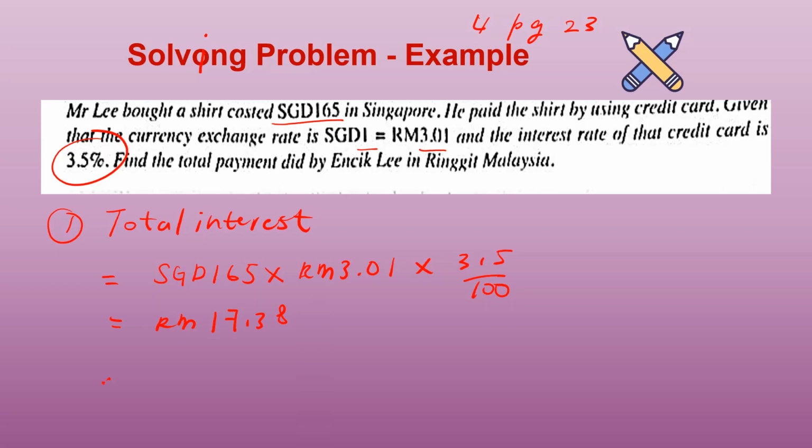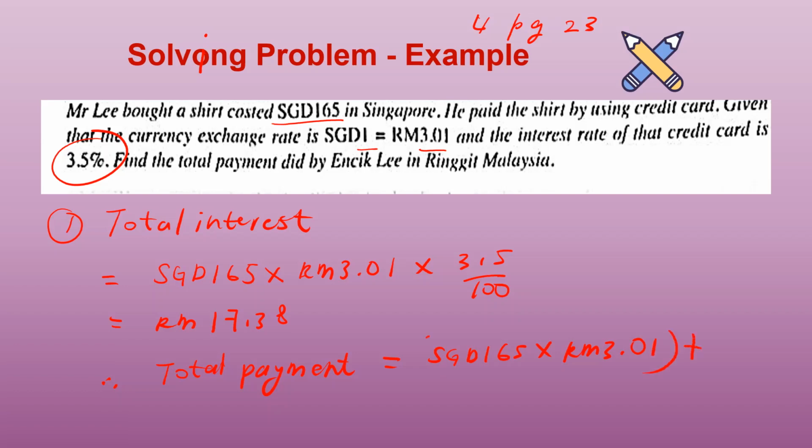Okay, then only you can count the total payment. So the total payment, you take the price in Singapore dollar 165, and then you convert to Malaysian ringgit.